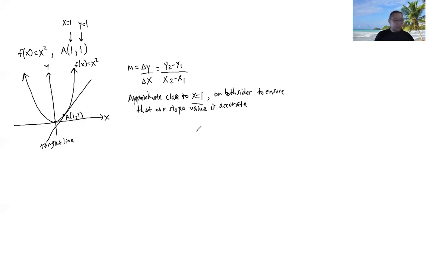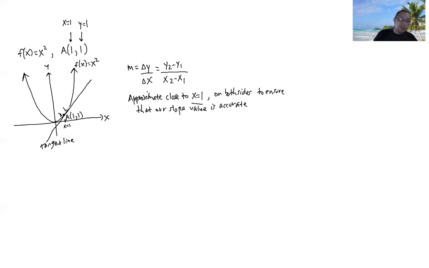Okay? And so let's come up with 2 values. Generally, we want to see if the slope that we calculate for this point is going to be accurate. So for our second coordinate, first we're going to choose a point really close on the left side of x is equal to 1.